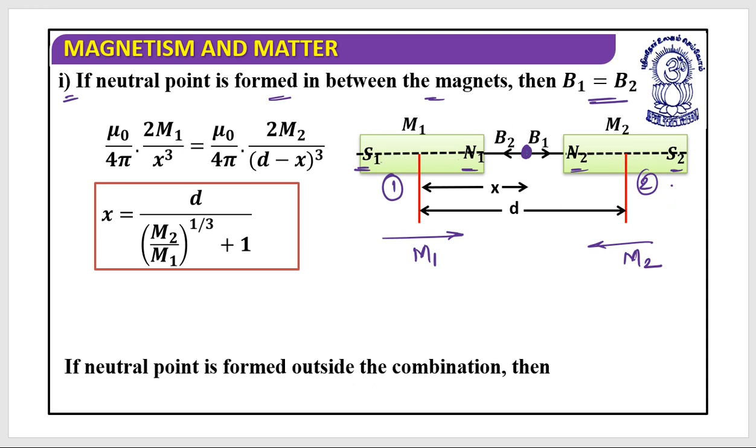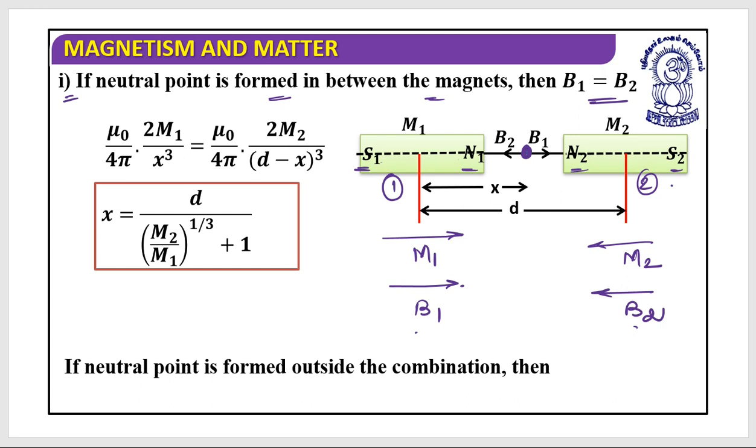For the actual position, the direction of the magnetic moment m and the direction of the magnetic field will remain the same. So this is the direction of B1 and this must be the direction of B2. As I can understand, these two have opposite directions of magnetic field, so I can write that their net magnetic field could be 0 and neutral points can be formed.